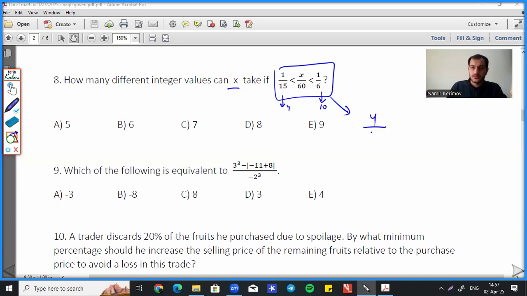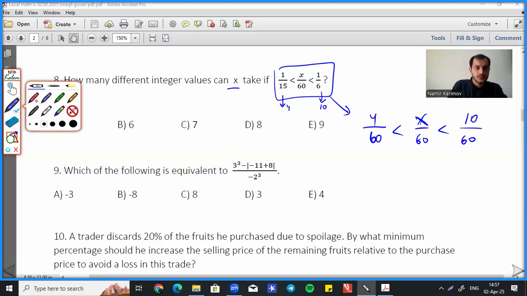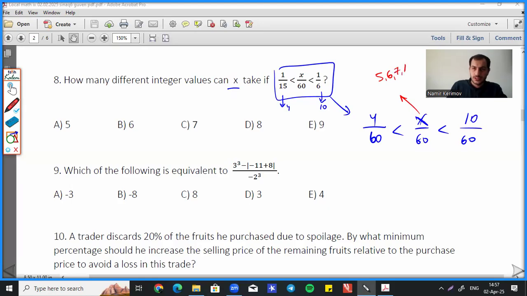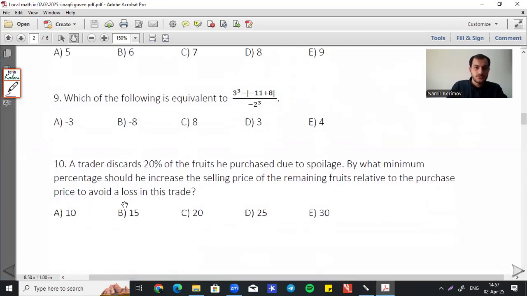That will be 4 over 60, x over 60, and 10 over 60. So it's easy to find the values of x. As you see, there can be 5, 6, 7, 8, and 9. So the question is how many different integer values? There are 5 different integer values. Answer A.